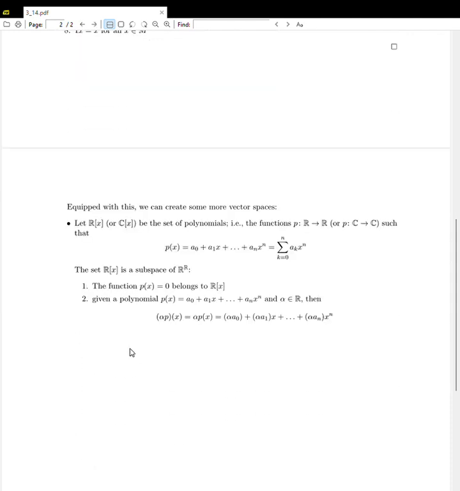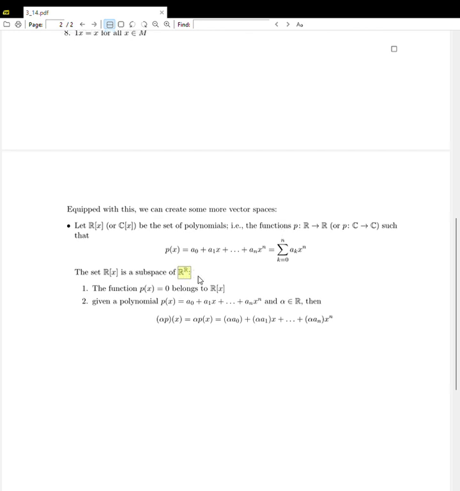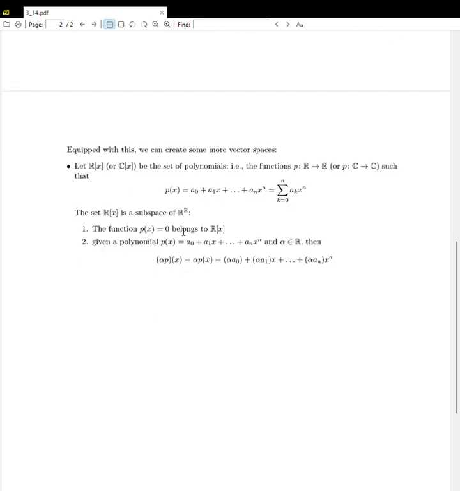Alright, so the set of polynomials, again we're trying to verify it's a subspace of the set of real-valued functions from the reals, and we are verifying our three facts. Alright, so the constant function 0 is a polynomial. Given a polynomial and a scalar, well, if we look at alpha p, by definition that's that, and that gives us that. Alright, and note, that's a polynomial.